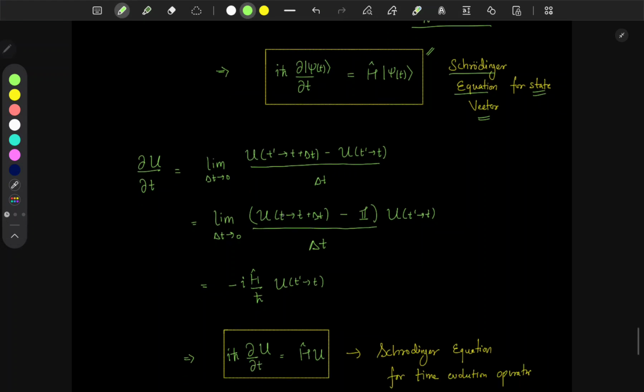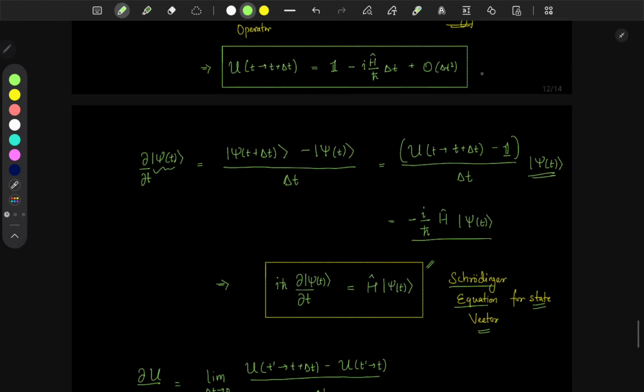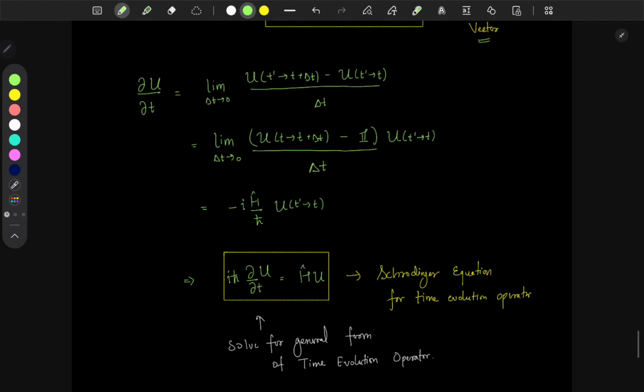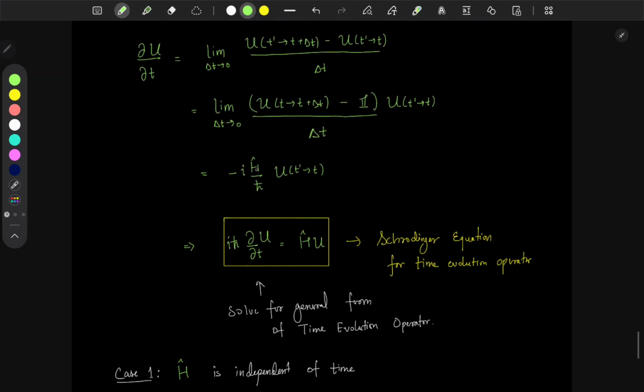As I said, you can do it in successive operations, so you break it down from t prime to t, and then from t to t plus delta t. The t prime to t part will come out here. Again, putting the above form there and taking the limit, you get the Hamiltonian operator acting on U. So this is another form of the Schrodinger equation, but for the time evolution operator.